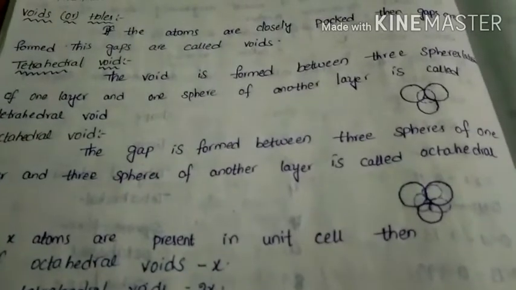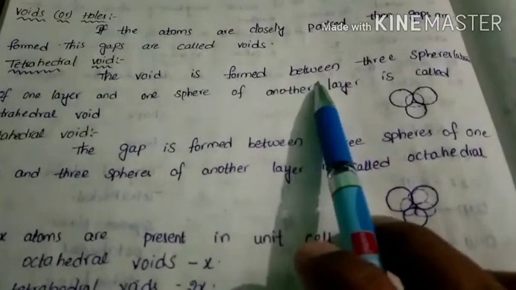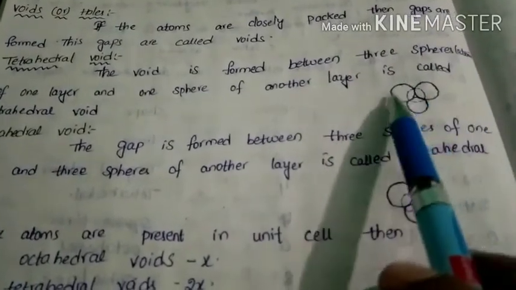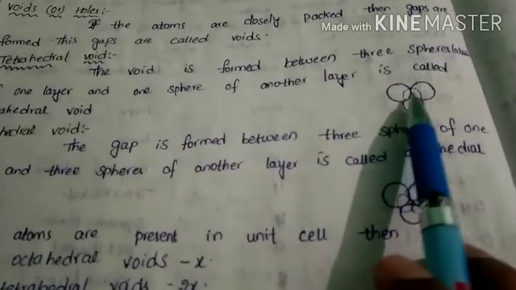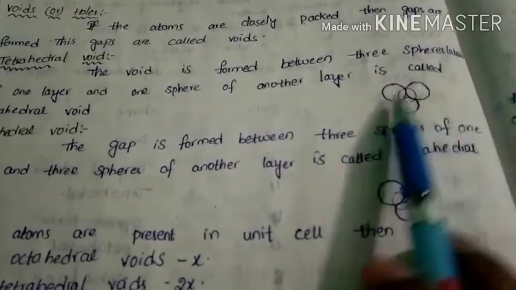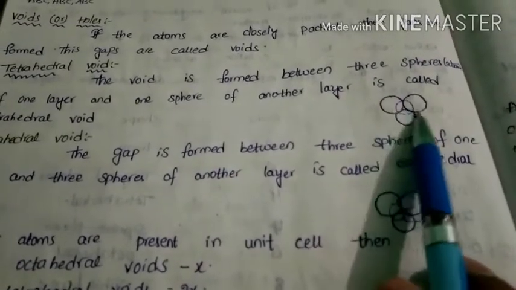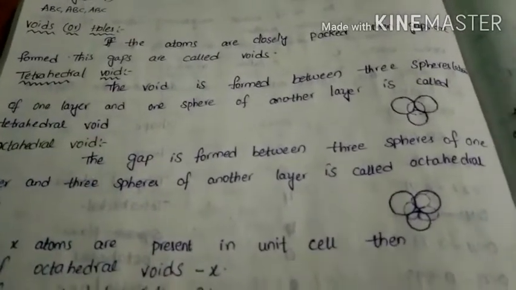Tetrahedral void. So that is the definition of tetrahedral: the void is formed between three spheres of one layer and one sphere of another layer. That other sphere may be in the above layer or below layer, but it should not be in the same layer. That gap is called a tetrahedral void.